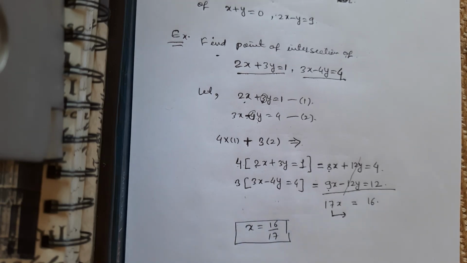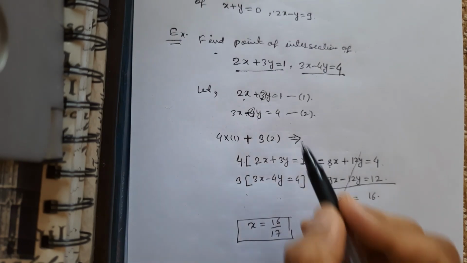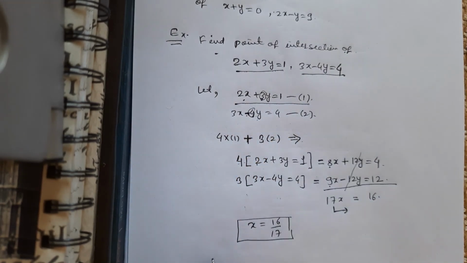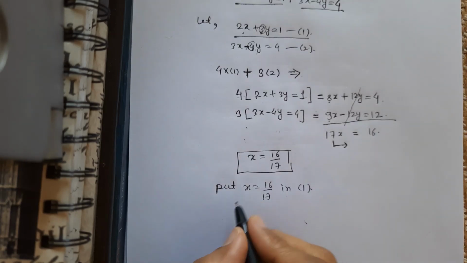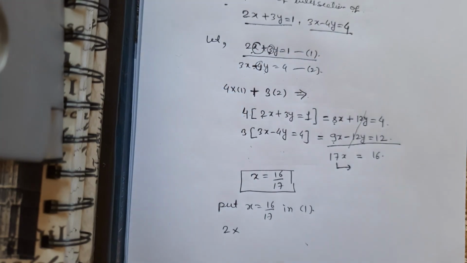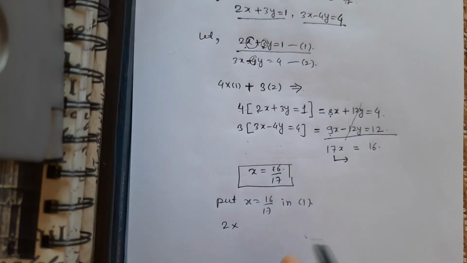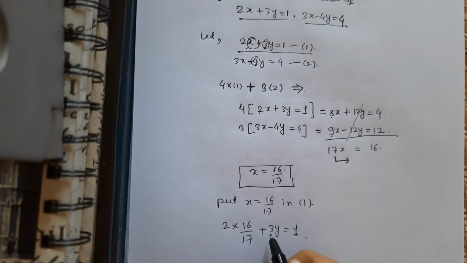Now put the value of x in any one equation and you will get the value of y. So I am substituting in equation 1. Put x equal to 16 upon 17 in equation 1, and what will I get? 2 into 16 by 17 plus 3y equal to 1.